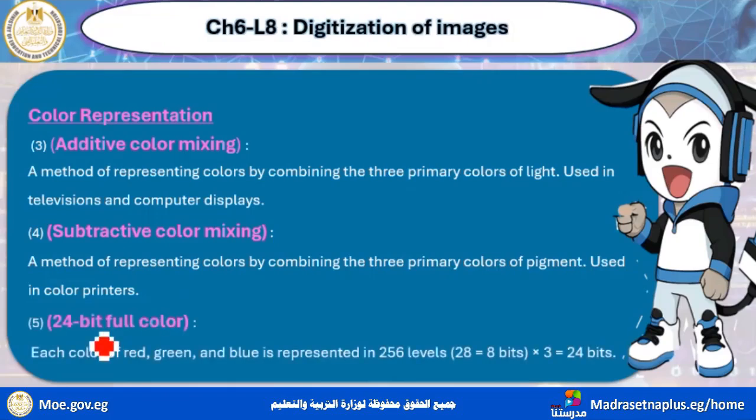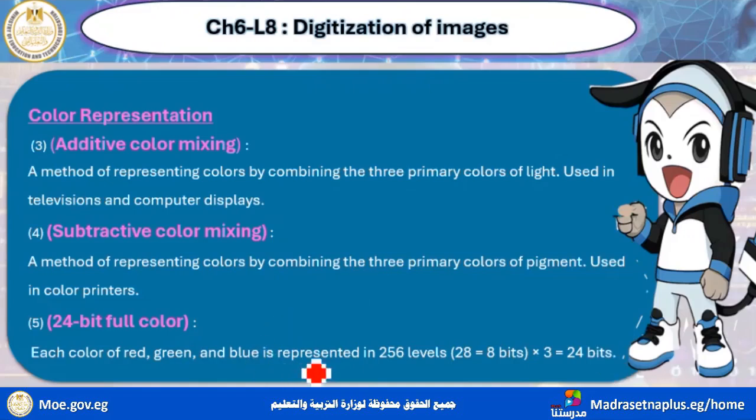Now moving to the depth of color, 24-bit color. Each color of red, green, and blue is represented in 256 levels, as 2 to the power 8 is equal to 8 bits, so we multiply by 3, which are the 3 colors, and the result will be 24 bits.